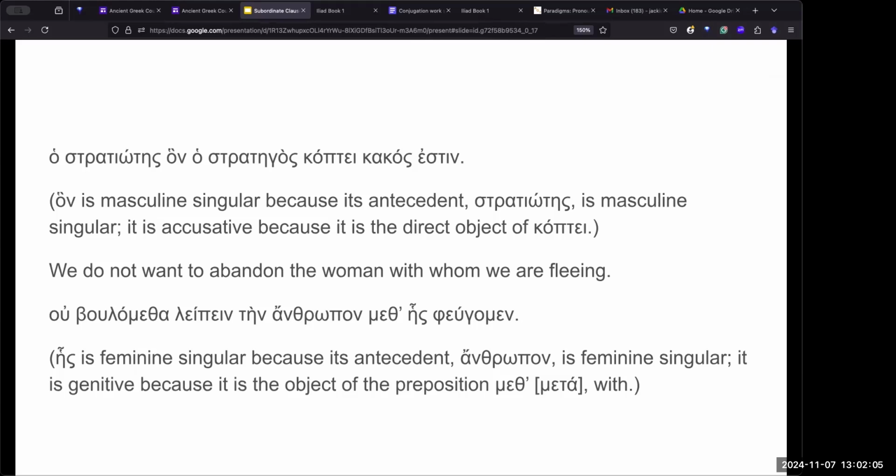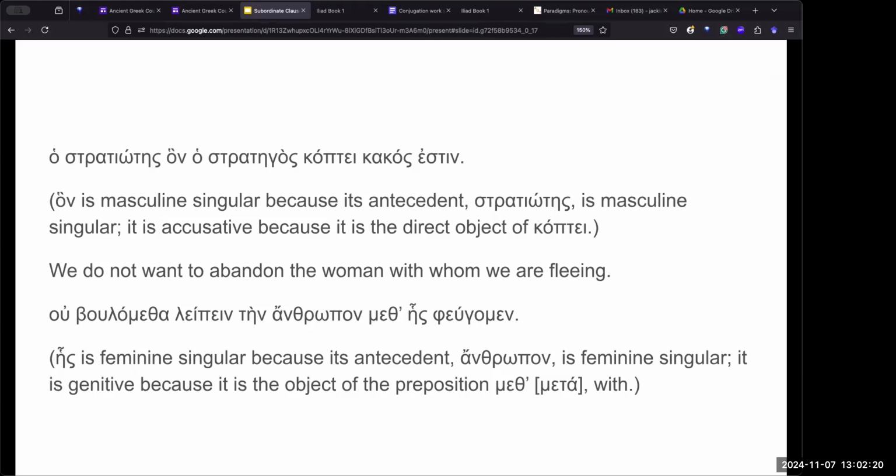It's actually very similar. So we don't want to abandon the woman whom we are fleeing. I don't know what the context is of that, but okay.